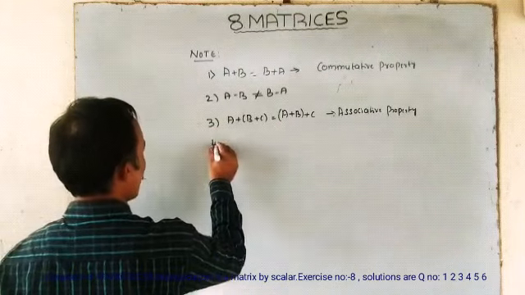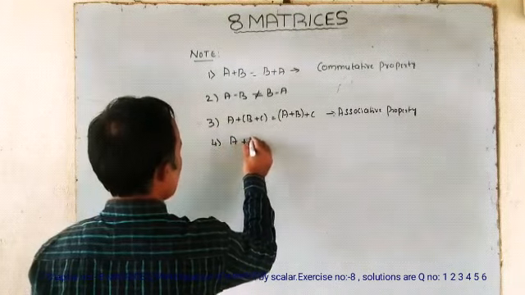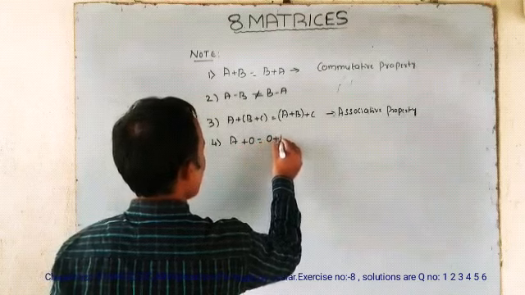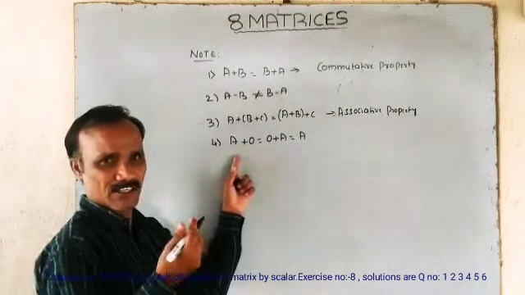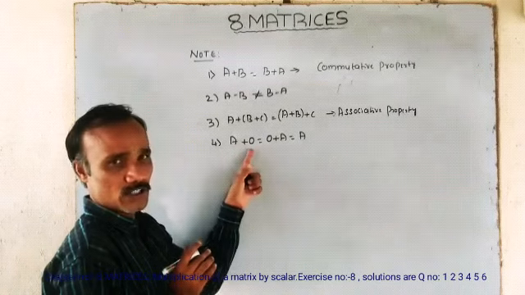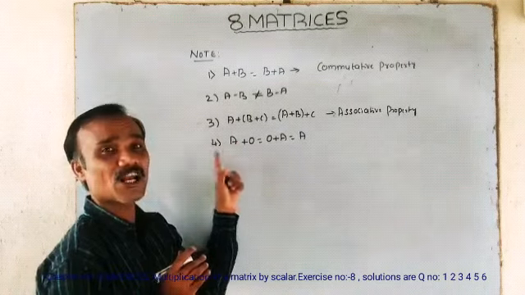Next, one more point, number 4. A plus 0 is equal to 0 plus A is equal to A. Here A means any matrix of any order, and 0, as I told you in the previous class, is the null matrix.